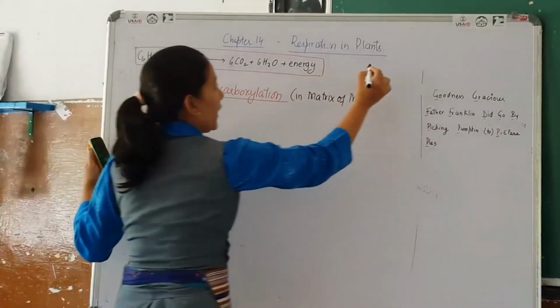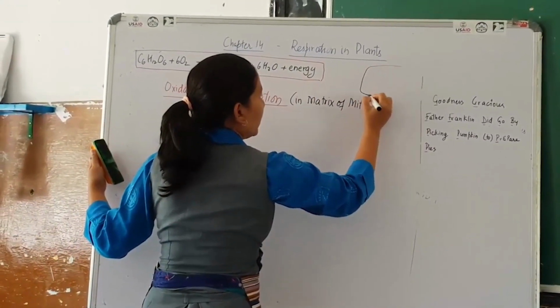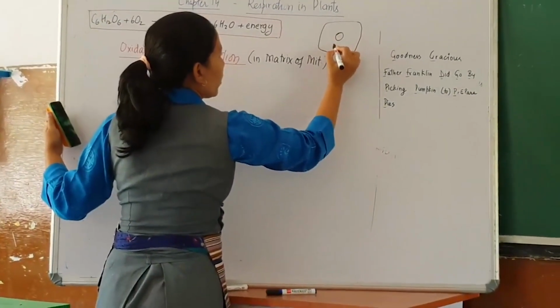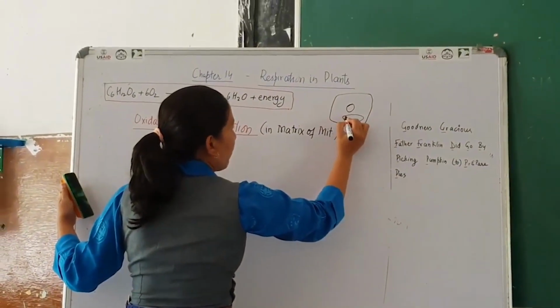Okay, so we know that the cell has a nucleus and all the organelles, and one such organelle is mitochondria.